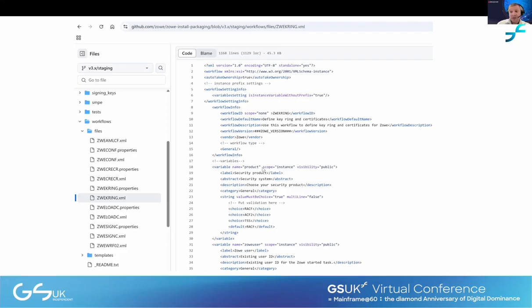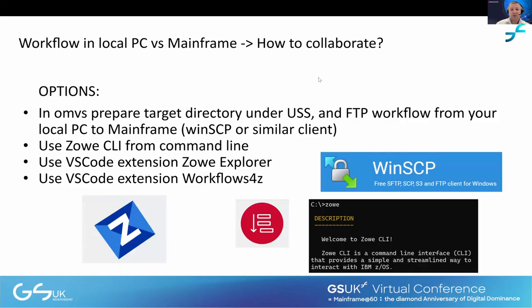Variables can be shared across all the steps. Steps could be a lot of stuff, Marketa will talk about it later. Simply, it could be a shell script, JCL, REXX, whatever you can imagine, even a REST call. And variables can also be many types, like string, Boolean, again, many types. So what are the options for how you can collaborate between your workflow and the zOSMF mainframe?